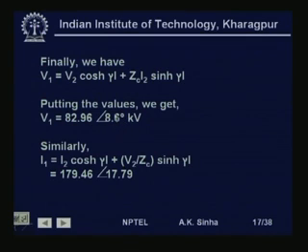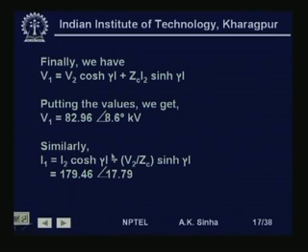Now, this is a line to neutral voltage at the sending end. Similarly, we can calculate the sending end current I1, which will be equal to C V2 plus D I2.